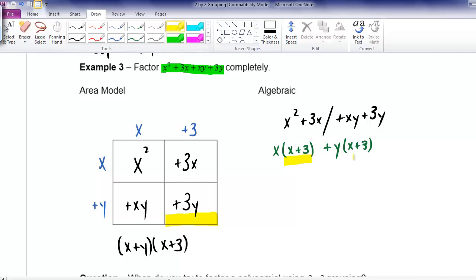Again, what we've done is we've algebraically generated our LCD, or sorry, our GCF. Too many letters. We factor out the greatest common factor, and whatever is not highlighted goes in brackets. It's our other factor. And again, notice that these two answers are exactly the same. They're just done one pictorially and one algebraically.